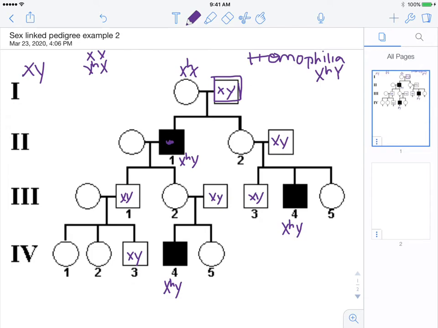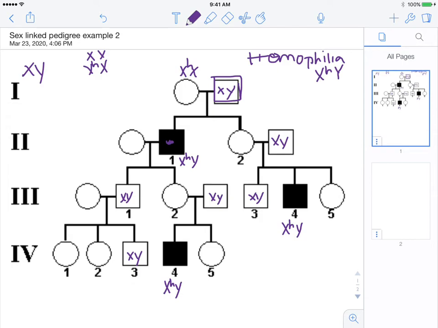She got an unaffected X from her dad, for sure, and it could either be an affected X or an unaffected X from her mom. So we're not sure, but thankfully she has some children, so we can have a look. Now we know that she has one unaffected son, but she also has an affected son.